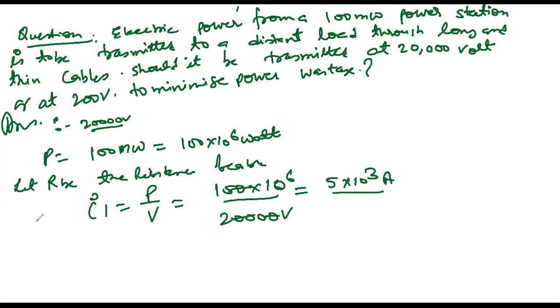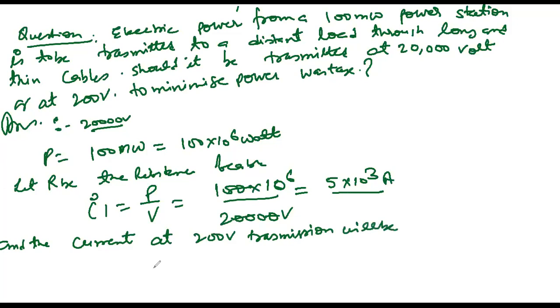And the current at 200 volt transmission, I2, is equal to 100 into 10 to the power 6 divided by 200. So it will come 5 multiplied by 10 to the power 5 ampere. Are you following it? Yes, sir.